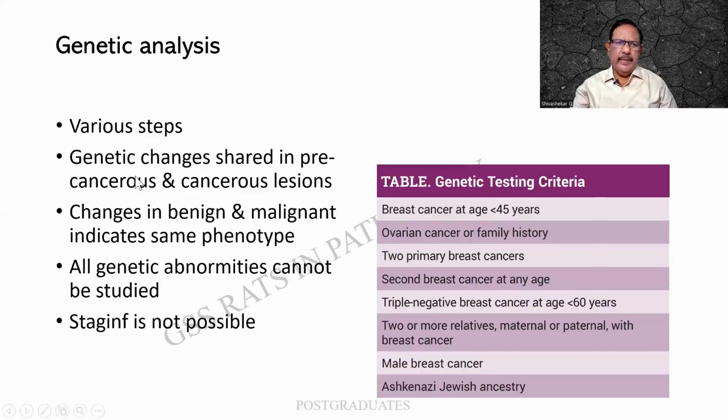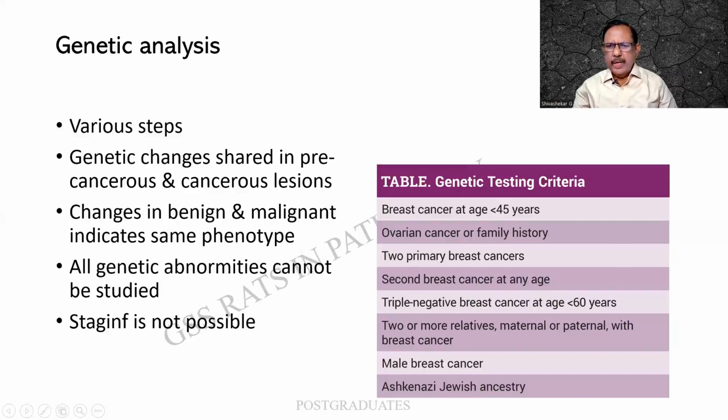At the same time, it has been mentioned that changes in the benign and the malignant can be because of the same phenotype to which they belong. And all genetic abnormalities need not be or cannot be studied. And it is not possible for staging all this. Therefore, there is still a limited role for genetics. Perhaps the future will tell us what is in.